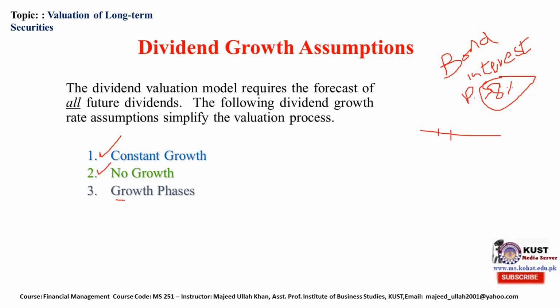And the third is the growth phases: it might be, for the first 3 years, 4%, and then for the next 3 years, let's suppose, 8%, and then maybe 9% for the next 10 years. This is called growth phases. We will discuss each model in detail.